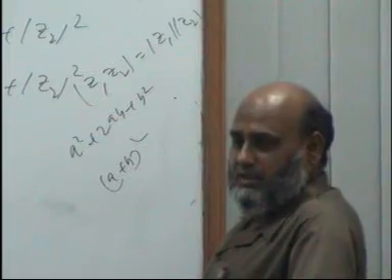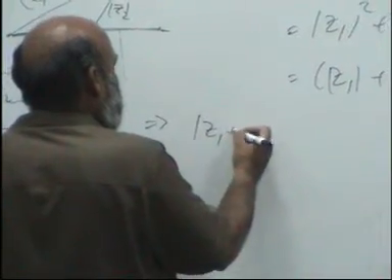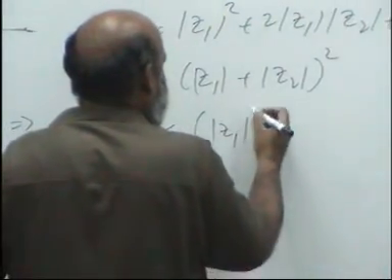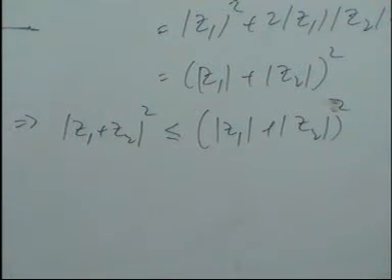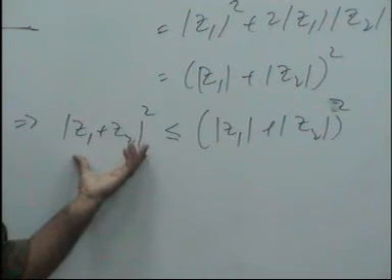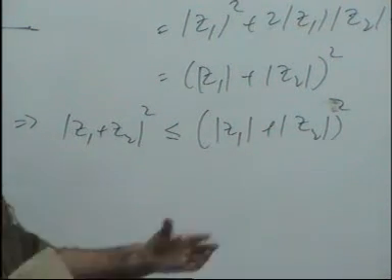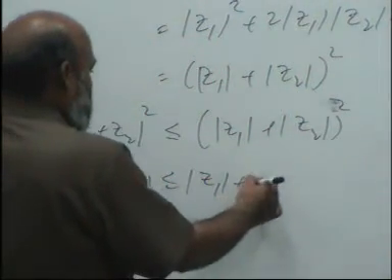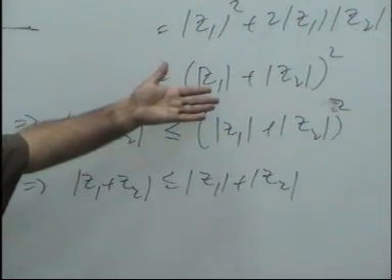So z1 plus z2 whole square is less than or equal to this. Since an absolute value is always a positive quantity, this is positive and this is also positive, so we can just take the square root on both sides and get the result.